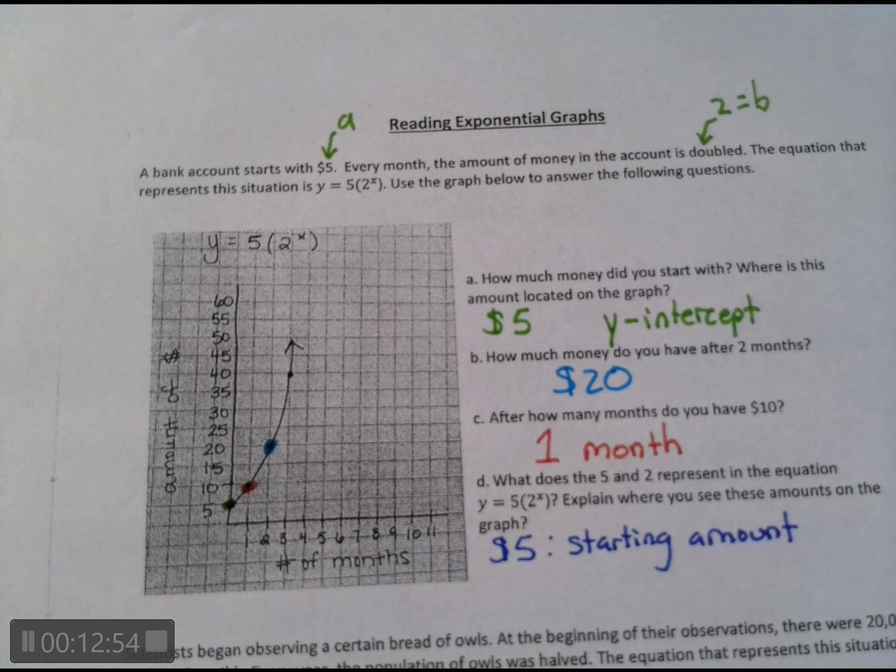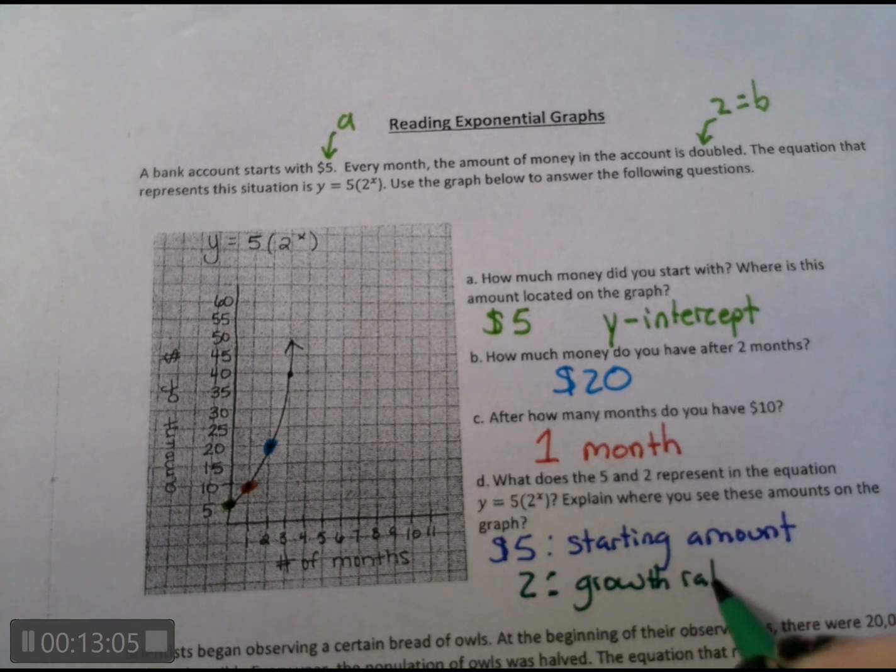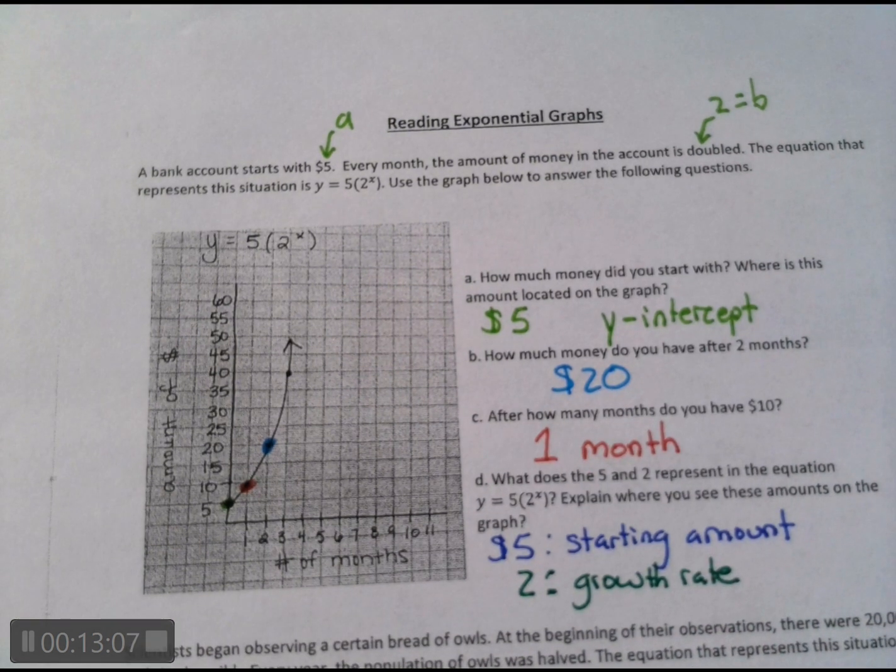And so then 2 is going to be our growth rate. Because this is how much we grow by.